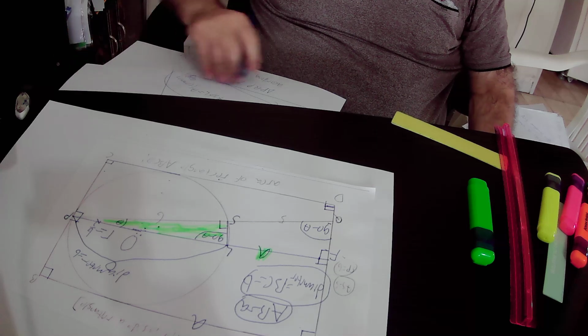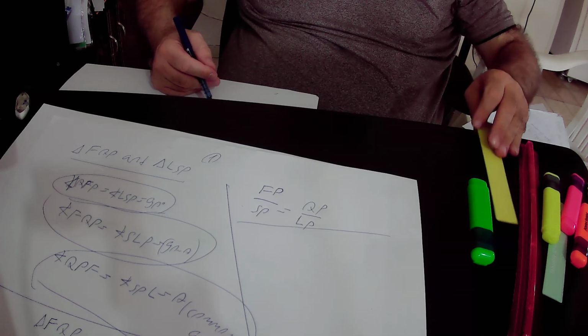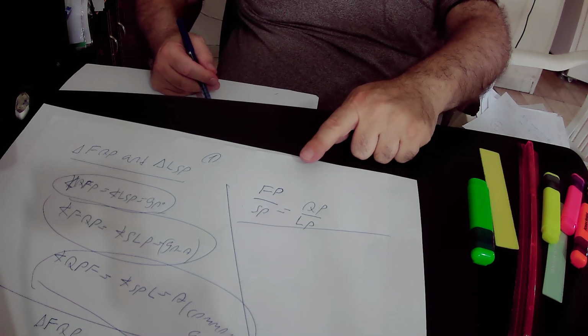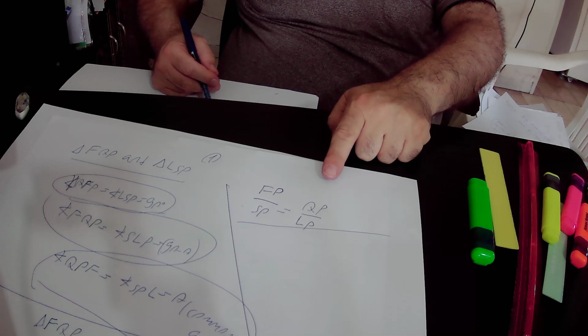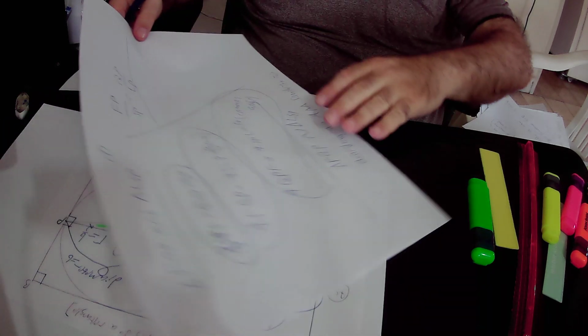I repeat again. From the fact that the big right triangle is similar to the small green right triangle, we conclude that FP over SP equals QP over LP.